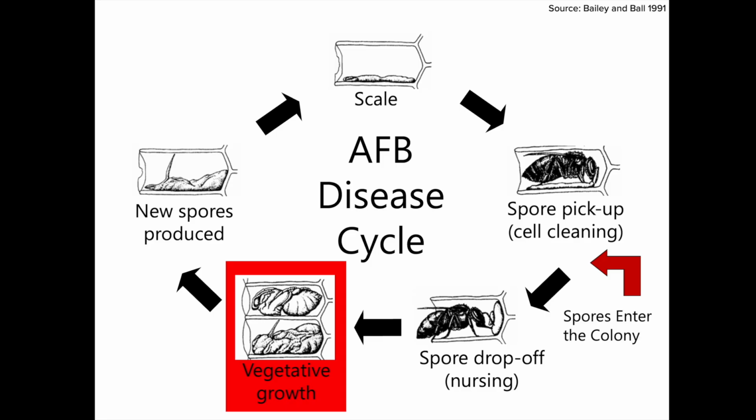So what happens then? The worker bees clean those cells up. And what do we know about the sequence of events of a worker bee? She is born. What is the first thing she does? She's a cleaner. Cleans the cells out. That's her first job. What's her next job? Nurse.